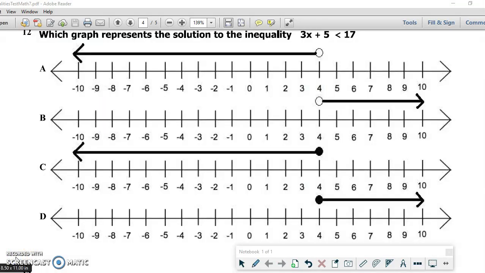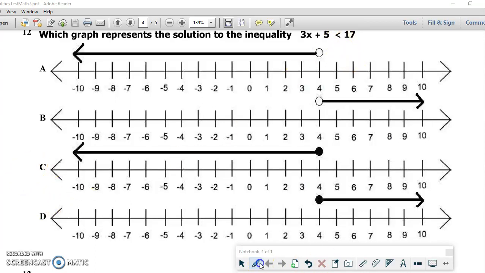So number 12 asks me which graph represents the solution to the inequality 3x plus 5 less than 17. So I could also do this where I go ahead and eliminate two of my answer choices. So because of my sign, this tells me that my circle will be open.